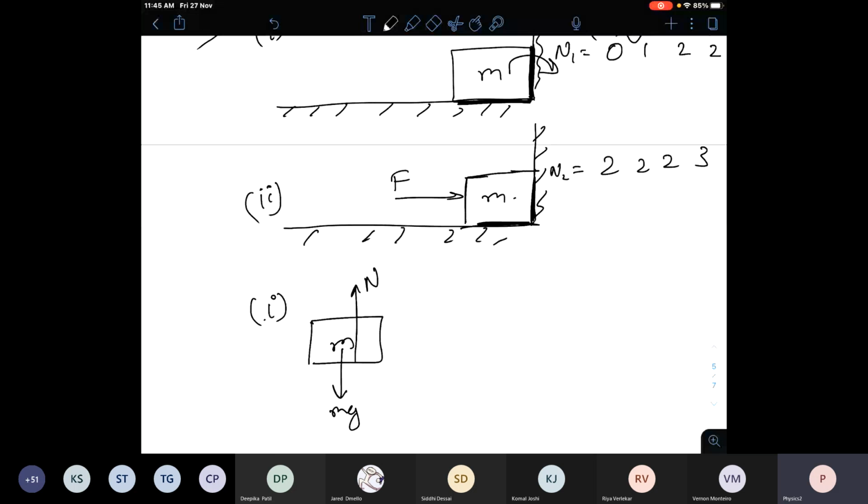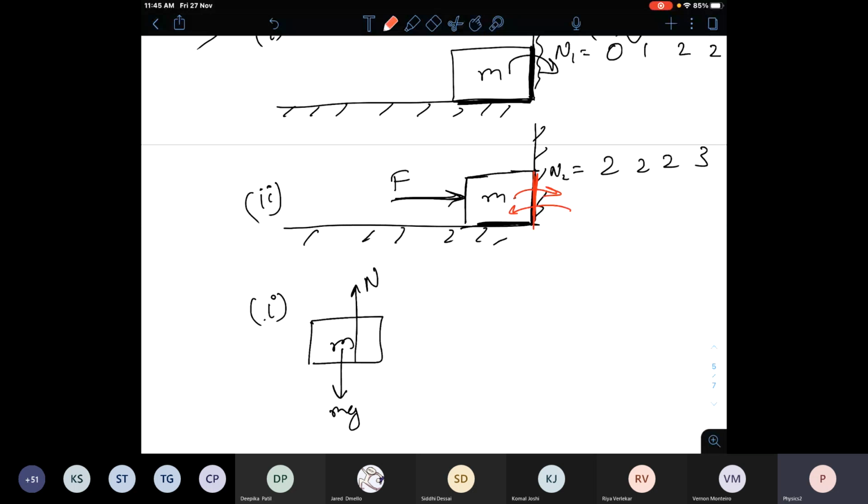In the second case, when you are applying a force externally, then there is an action on this vertical wall, and then there is a reaction from this vertical wall. Since some force is being applied, it will create a normal reaction in the opposite direction on the block.